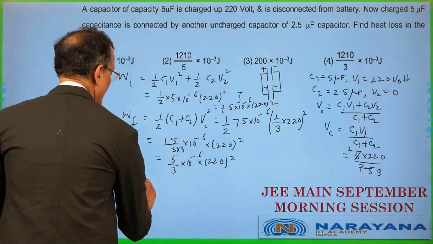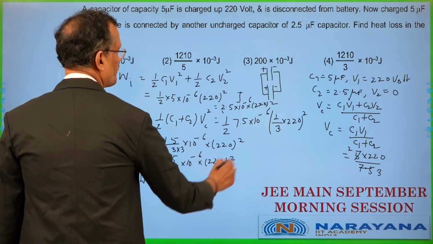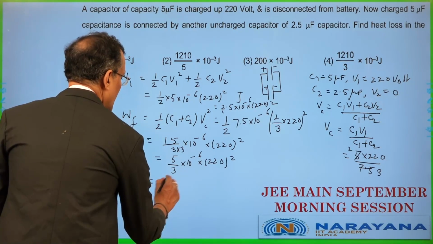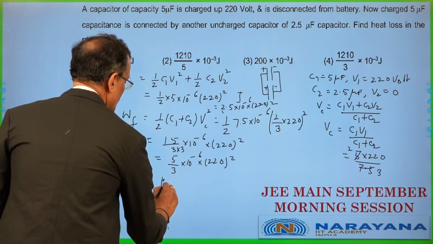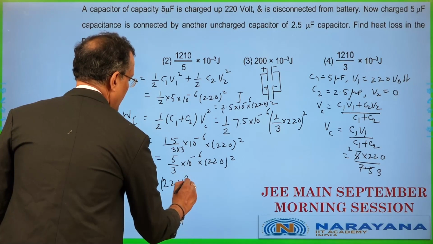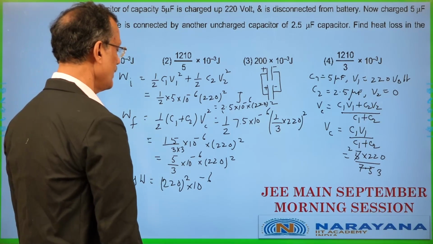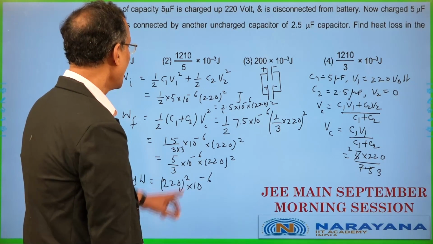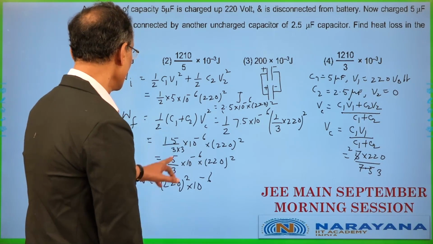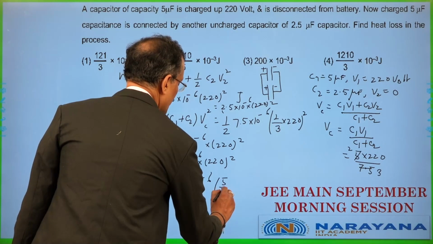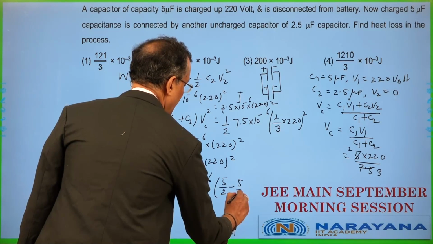So loss of energy will be, this part is common, so you take 220 squared times 10 to the power minus 6 outside. Clear? And this is 5 by 2 minus 5 by 3.